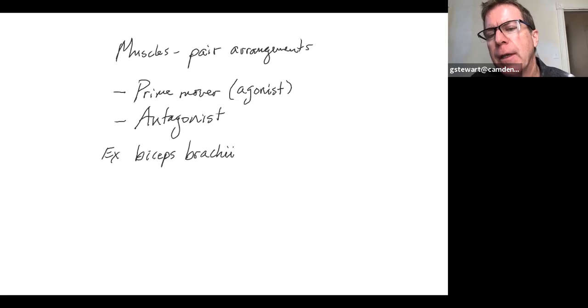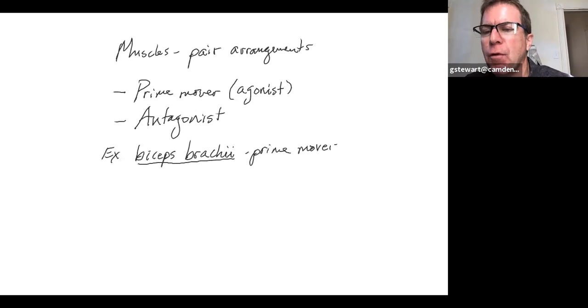That's the muscle on the anterior part of your upper arm. You can touch it with your finger very easily. When you do a flexing motion at your elbow, you flex your forearm, it's the biceps brachii that's causing that movement. That would be considered the prime mover or agonist because it does the moving of the forearm.